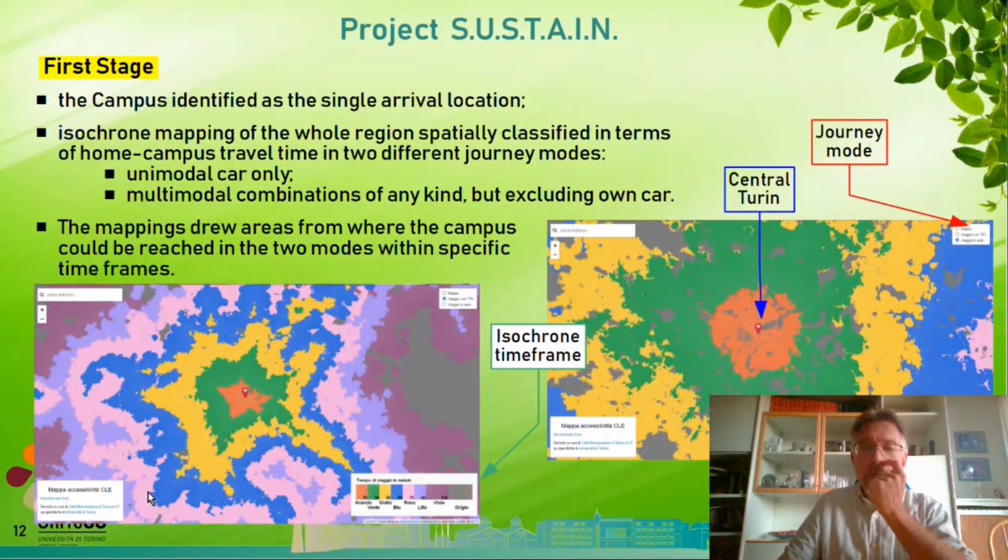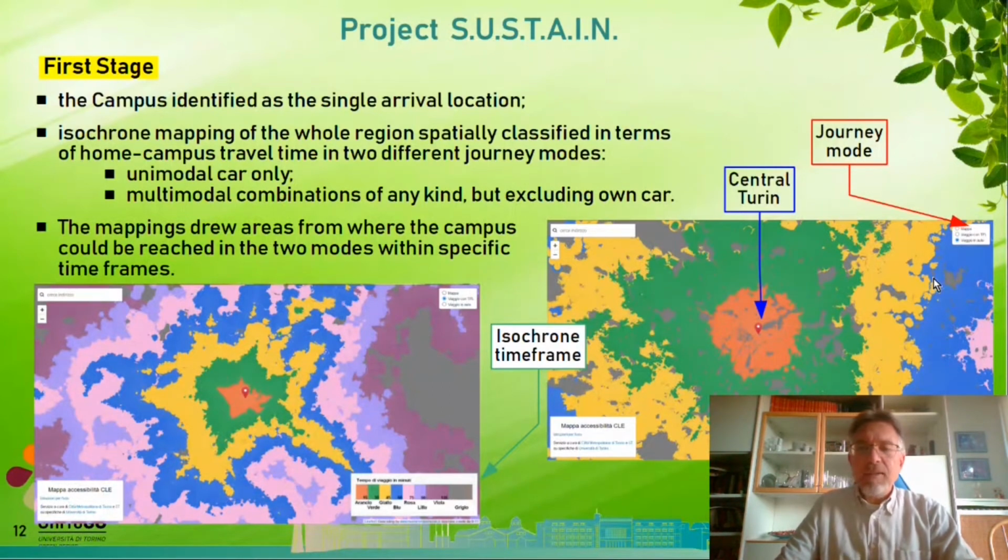These two isochrones, referring to the new campus, show you different colors based on 50 minutes each, showing how long it takes to get from anywhere in a single color area to the destination, both with the car and with a multimodal solution of sustainable transport.